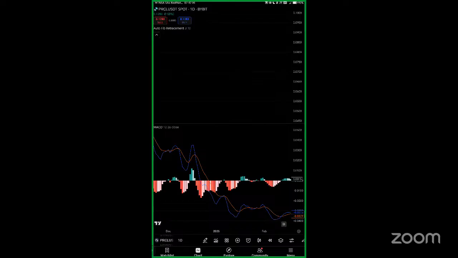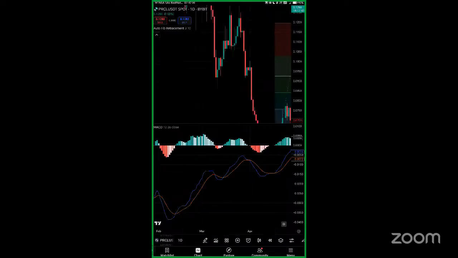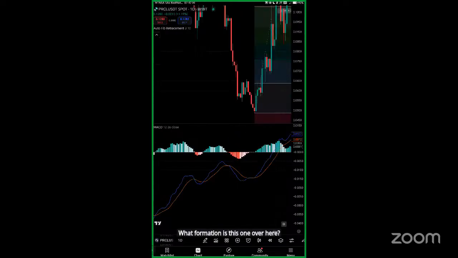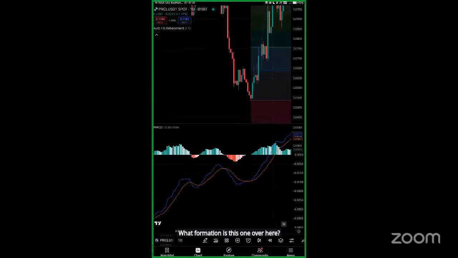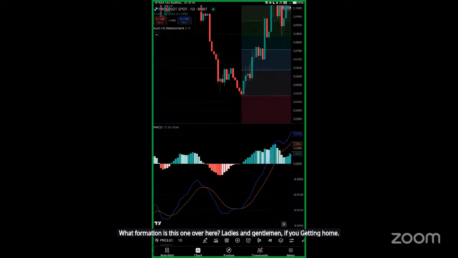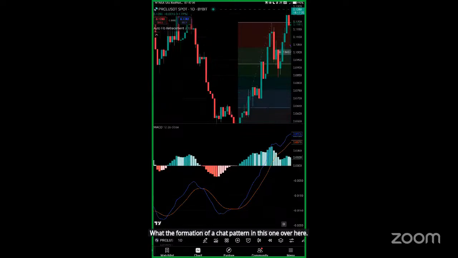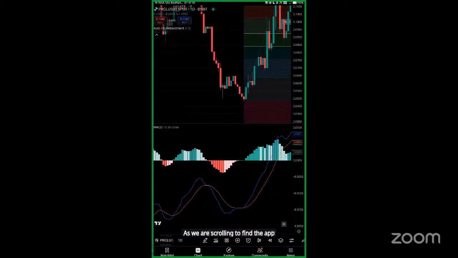What kind of a candlestick chart pattern is this one? What formation is this one over here?